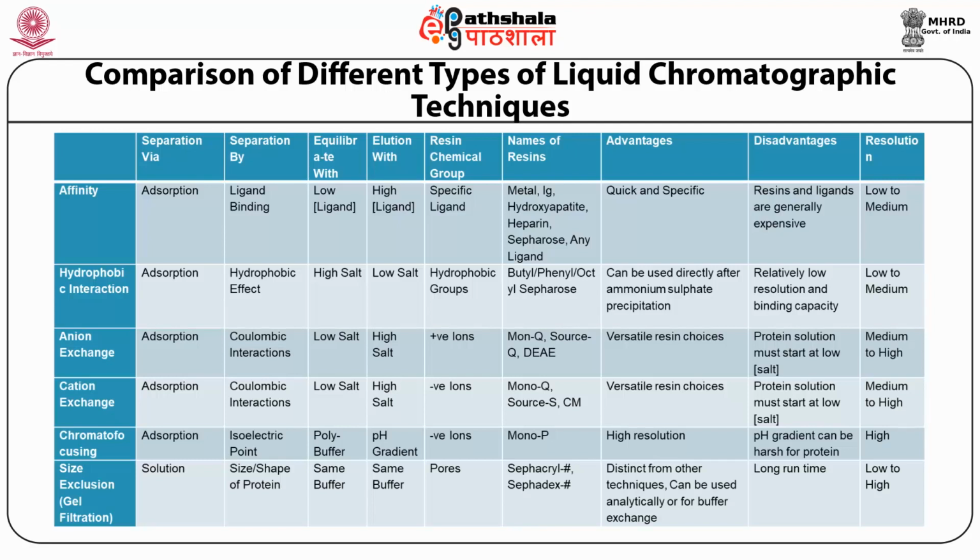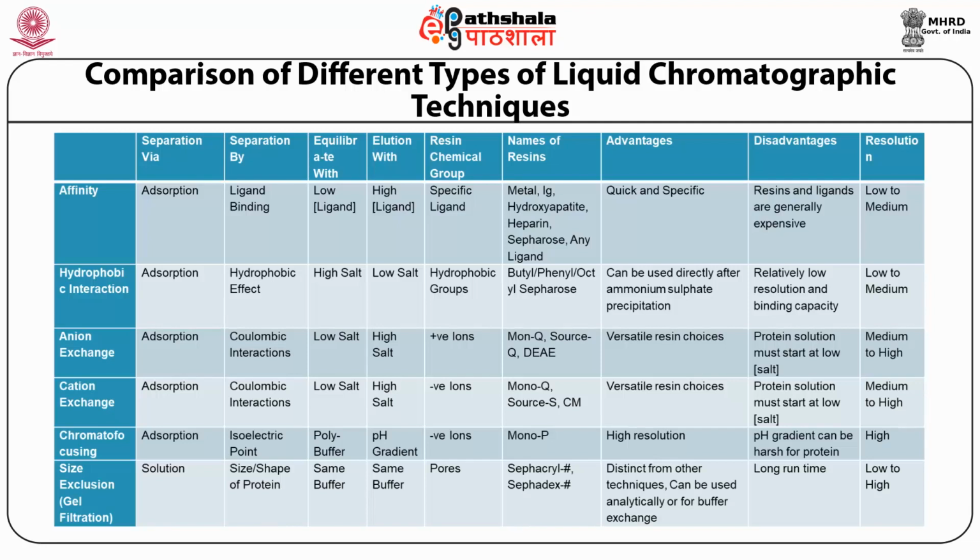In case of affinity chromatography, the separation is through ligand binding, while in case of hydrophobic interaction chromatography, hydrophobic effects play an important role in the interaction of the ligand with our protein of interest.